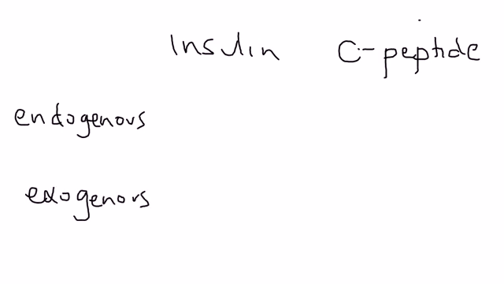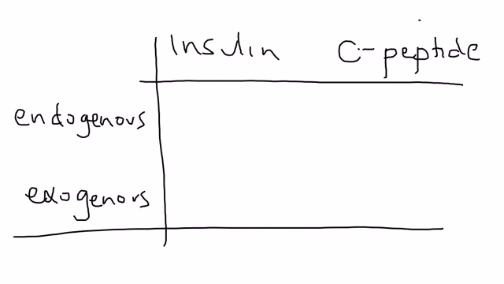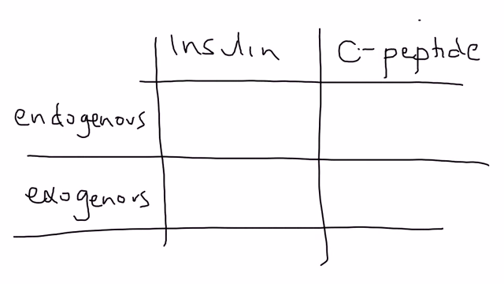So endogenous is something that's produced by the body itself. Exogenous is something that you get from outside, either pills, injections, things like that. So what will the levels be here? Well, if your body is producing insulin endogenously, of course the insulin level will be high.